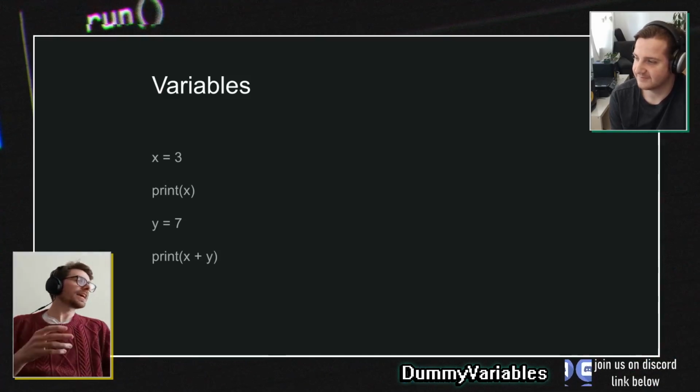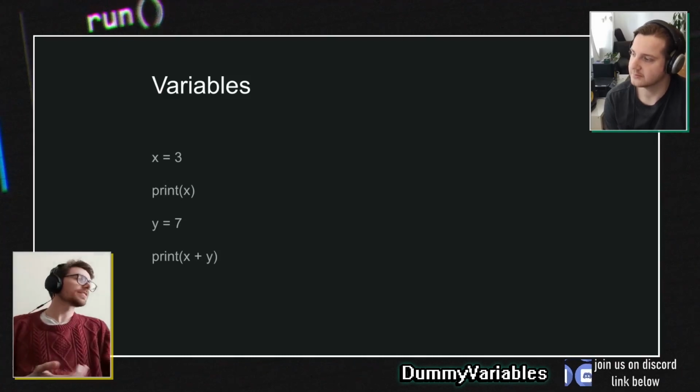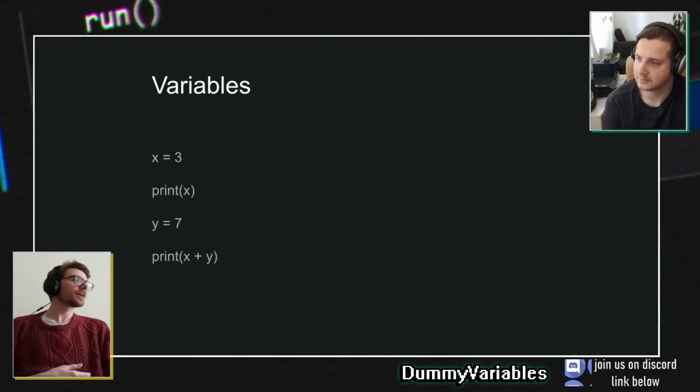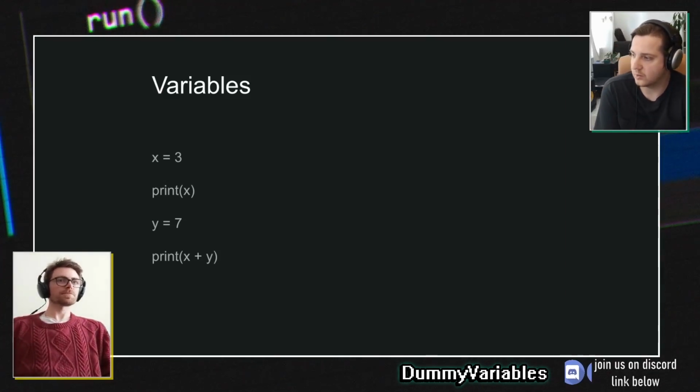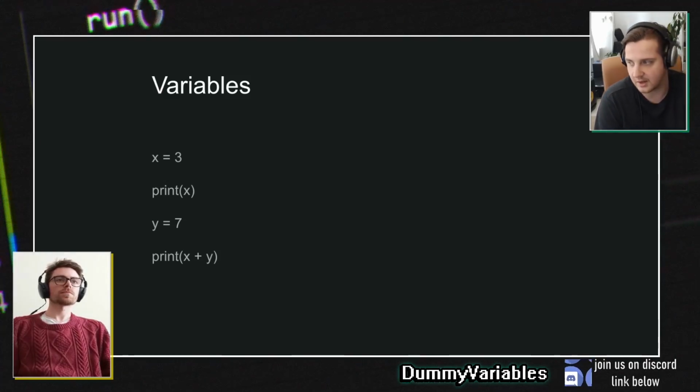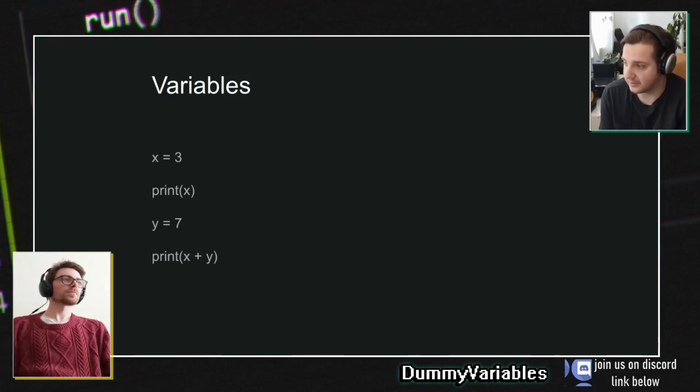Exactly. So it's not going to print out X. You're not going to see an X on your terminal. You're going to see the value of X, and that's 3 at this point in the program. So maybe you can tell me what the next 2 lines are going to do. Sure. Well, again, we choose a name for a new variable, which is Y in this case, and we assign the value of 7 to it.